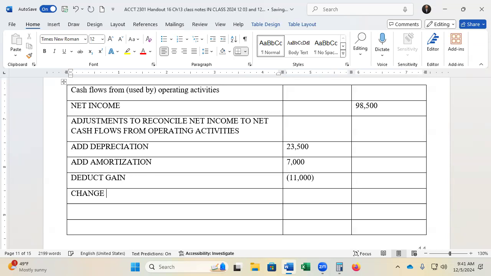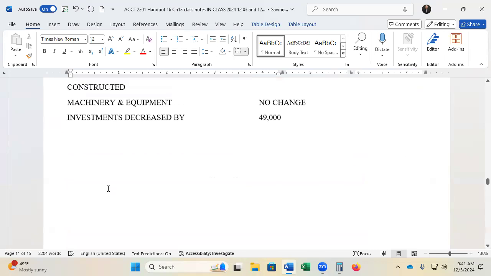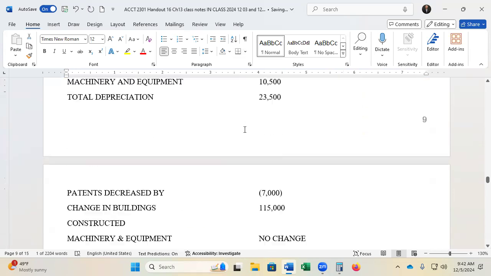And then we have our changes in operating assets and liabilities. These should be fairly straightforward from what we pulled here. So this is where I'm getting that information. Keep in mind the change in cash is going to be our answer, so we're not including that.